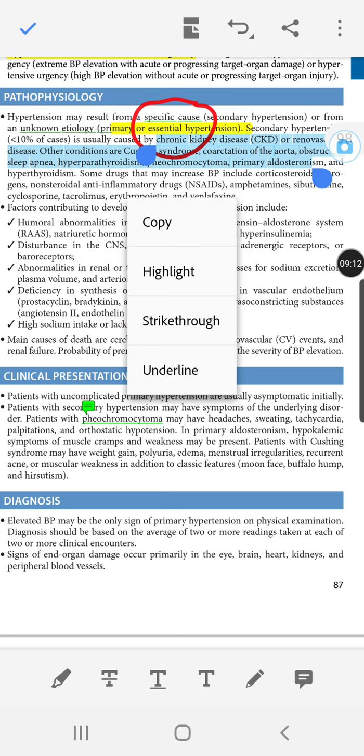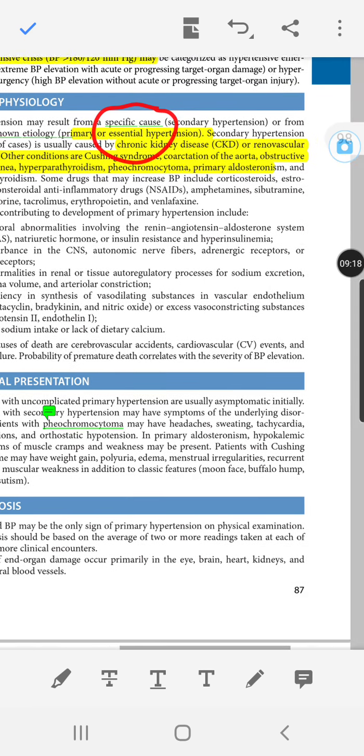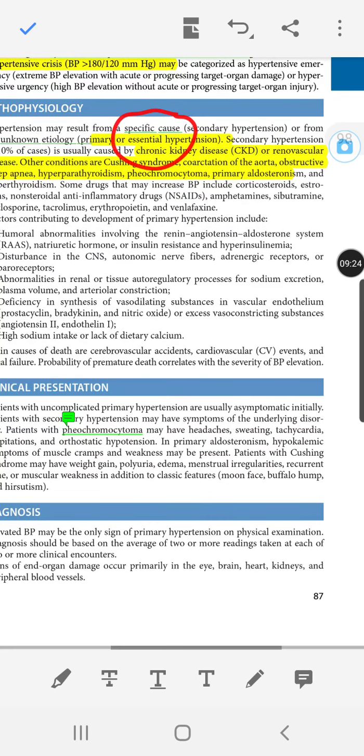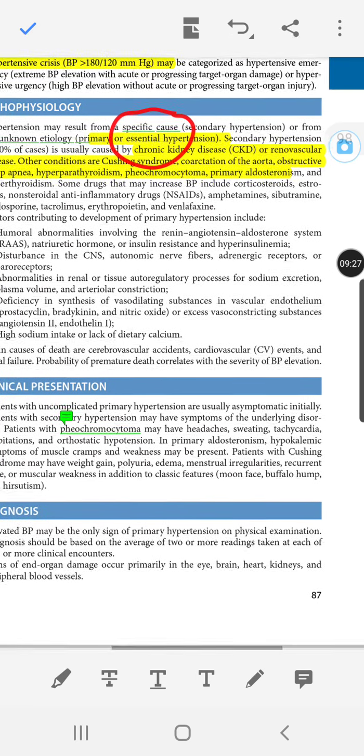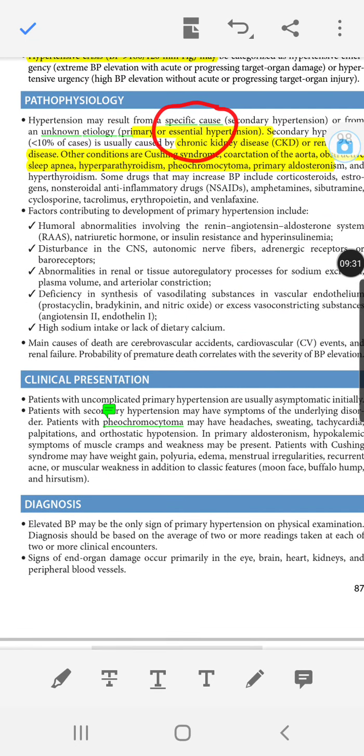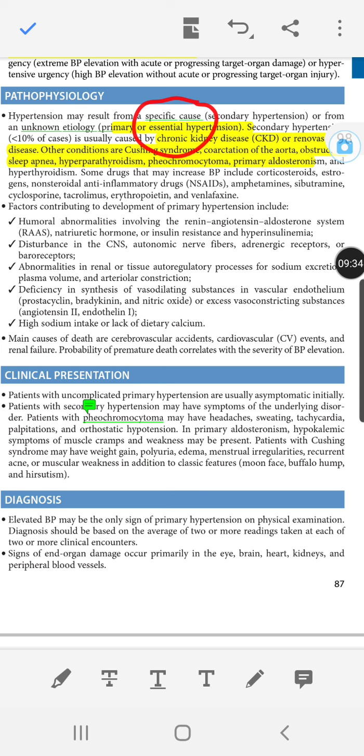So these are the secondary causes of hypertension. Other causes may be if the person has Cushing syndrome, aorta problem, obstructive sleep apnea, hyperthyroidism, pheochromocytoma, or primary aldosteronism. These may be the secondary causes.